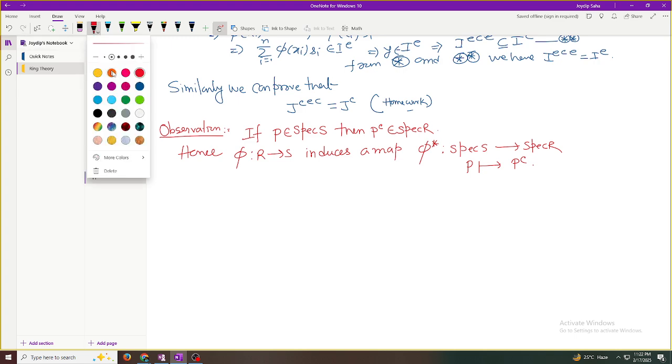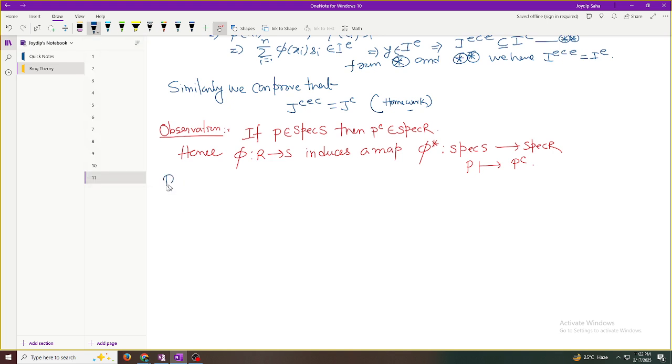Proof. If you have any query, then ask me. Now, let ab belong to P contraction.